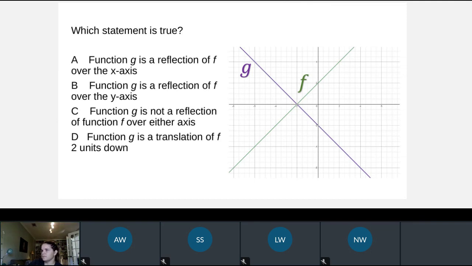What do you think? So remember, if it's a reflection over the x-axis, that means we're going to fold it in half like a hamburger. So the top is going to go down to the bottom, and same. If it's a reflection over the y-axis, that means we're folding it like a hot dog. And the middle point would have to be the y-axis.